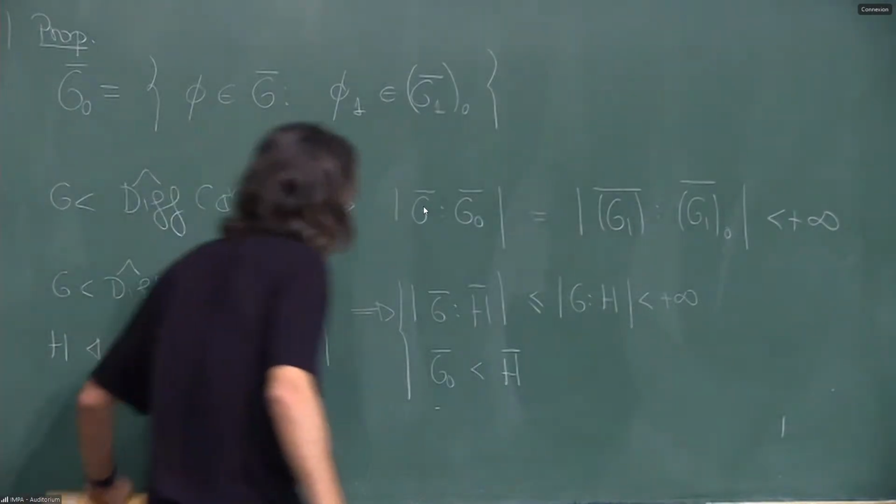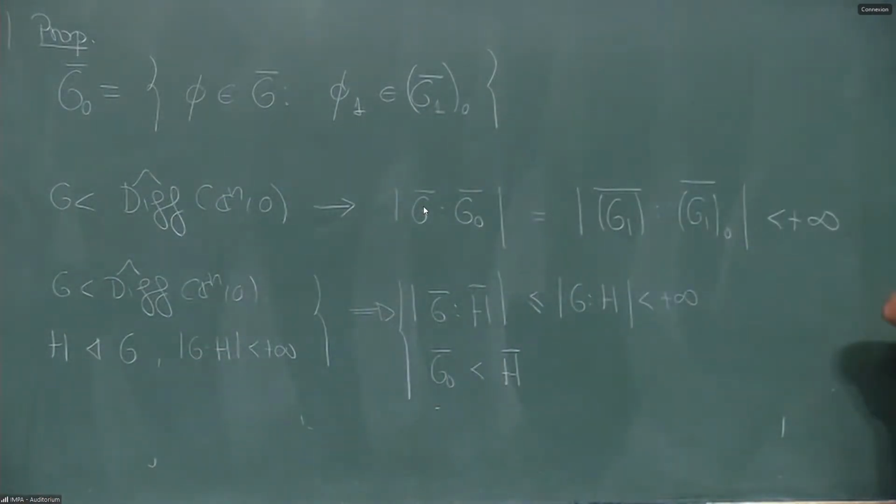Okay. Another thing, I would like to give some applications of this, not just introduce the theory. Something that happens too is that the closure has, in some aspects, a similar algebraic structure as the initial group.